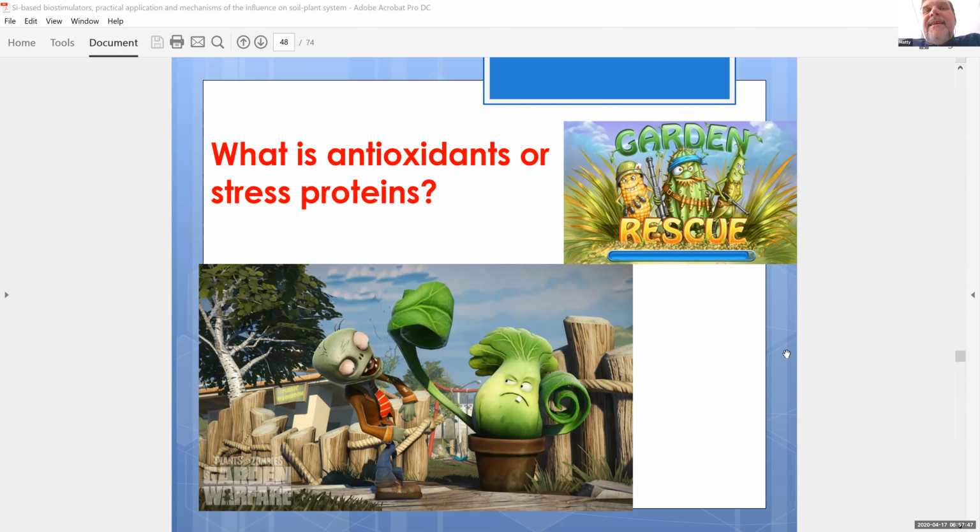How can the plant protect itself against insect or fungi attack or another disease? So the plant has a very interesting mechanism. The plant has antioxidants or stress proteins. This is a poison which the plant can elaborate and can fight biotic stresses with. Next, please.